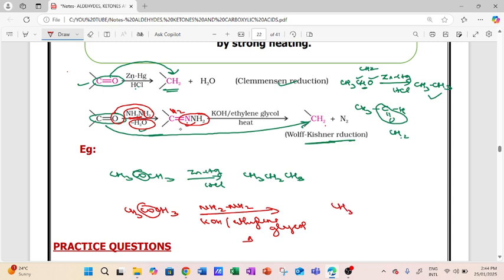We don't need to write the intermediate always. We can write the final product in this way. That is Wolff-Kishner reduction. It means for both Clemmensen and Wolff-Kishner, the output is the same, only the procedure is different.